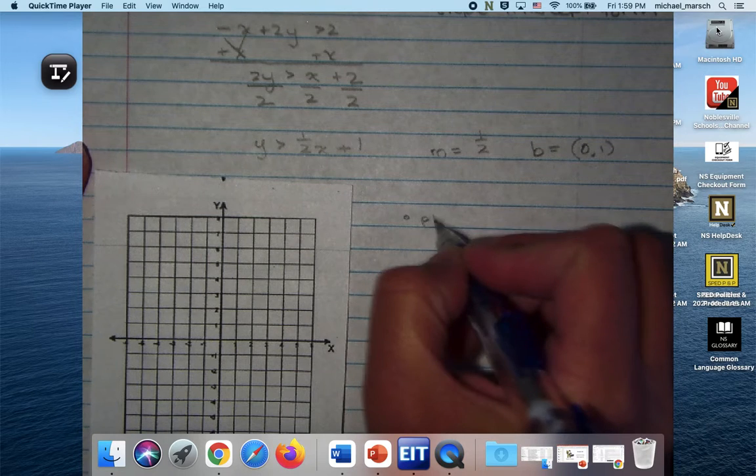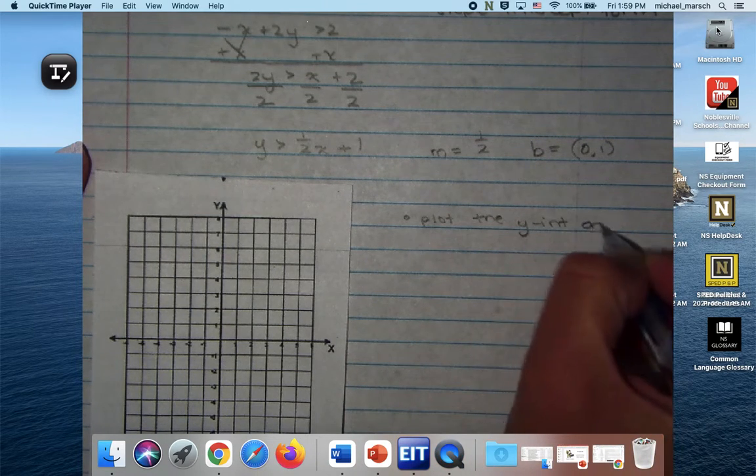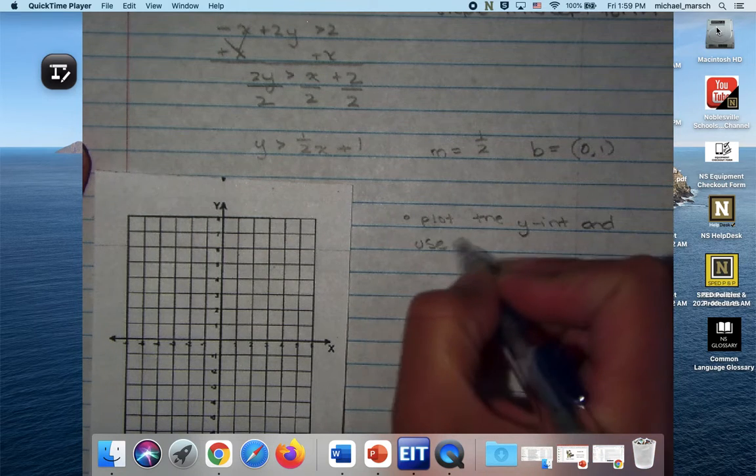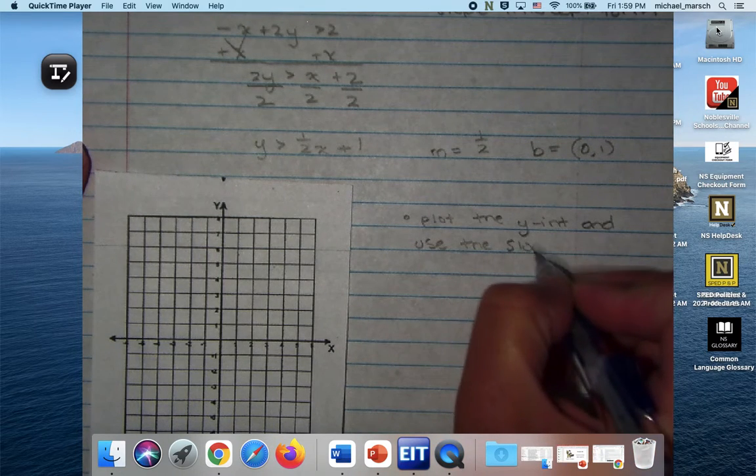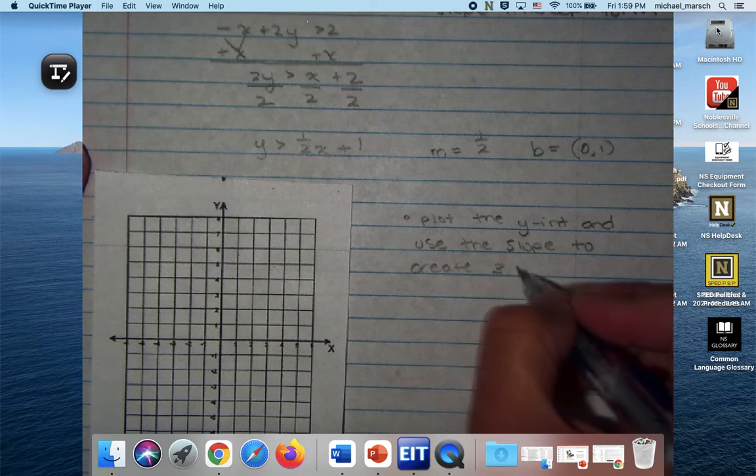First thing I'm going to do is plot the y-intercept and use the slope to create 3 more points.